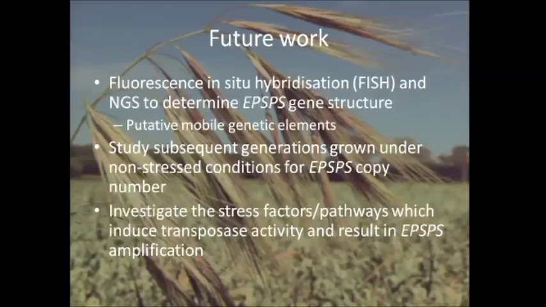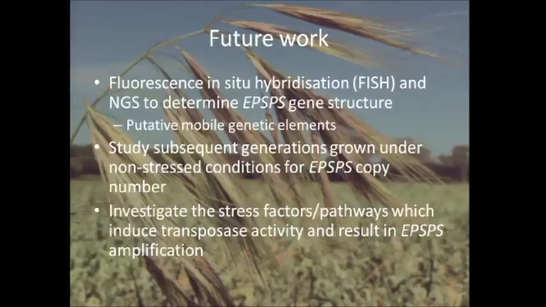We're also looking at studying subsequent generations of these resistant populations to see whether the copy number remains the same or whether it increases or decreases. And our assumption at the moment is that the copy number is not really stable through the generations, and because it has such a huge expression level compared to susceptibles, there must be some sort of penalty that the plants might want to get rid of if they're not under stressed conditions.